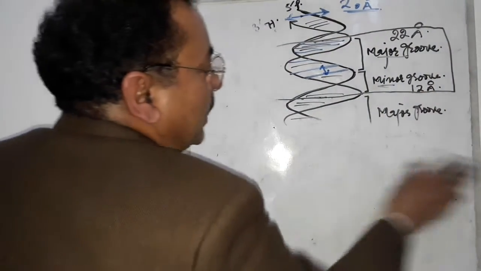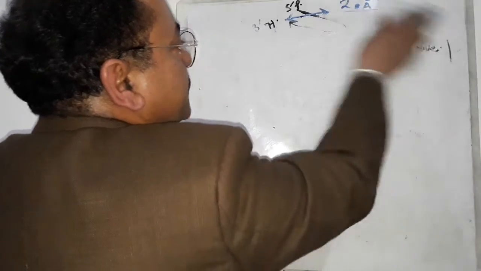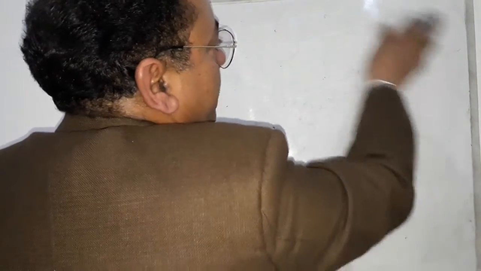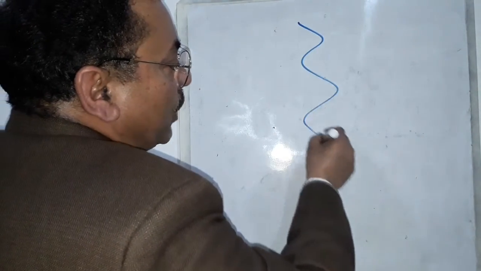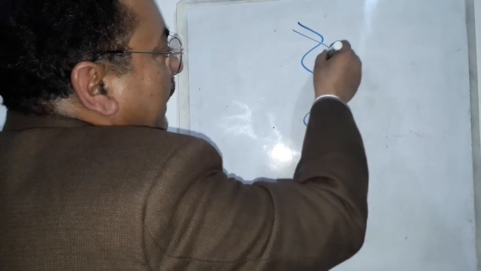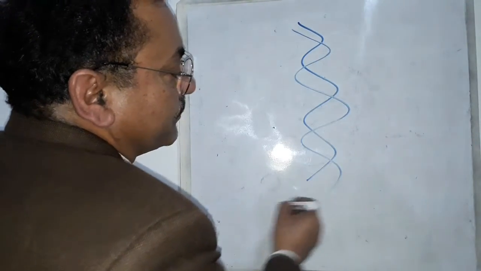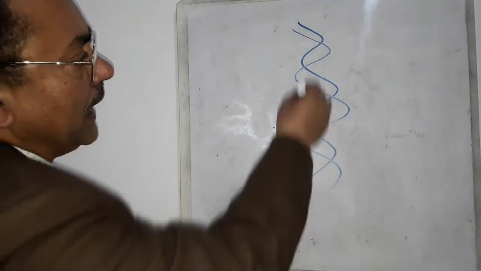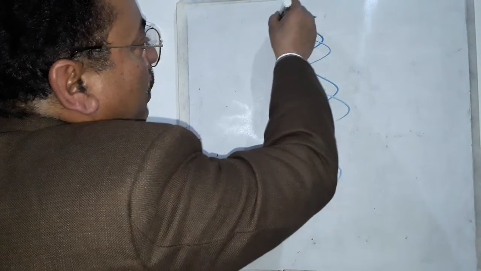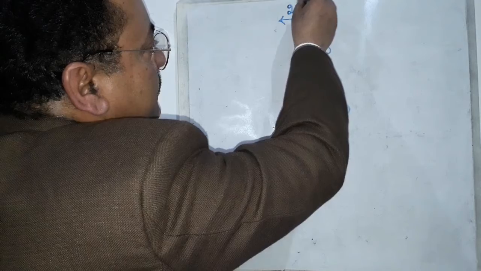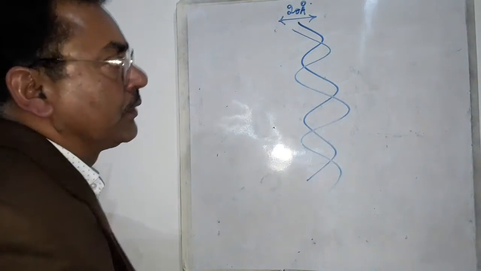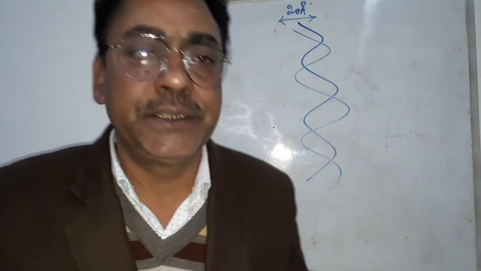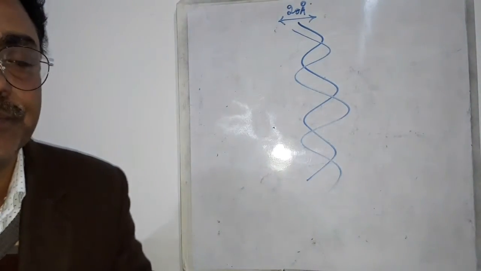That was described to us by Watson and Crick in their structural model of DNA double helix molecule. So if you see the DNA double helix molecule from one end to another end like this, it has a constant diameter of 20 angstroms. Wherever you measure it, it is the same in diameter, that is 20 angstroms.